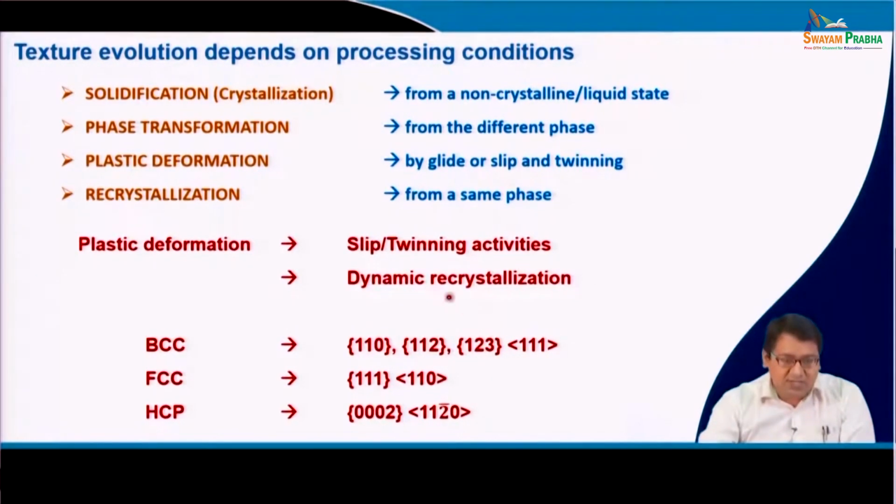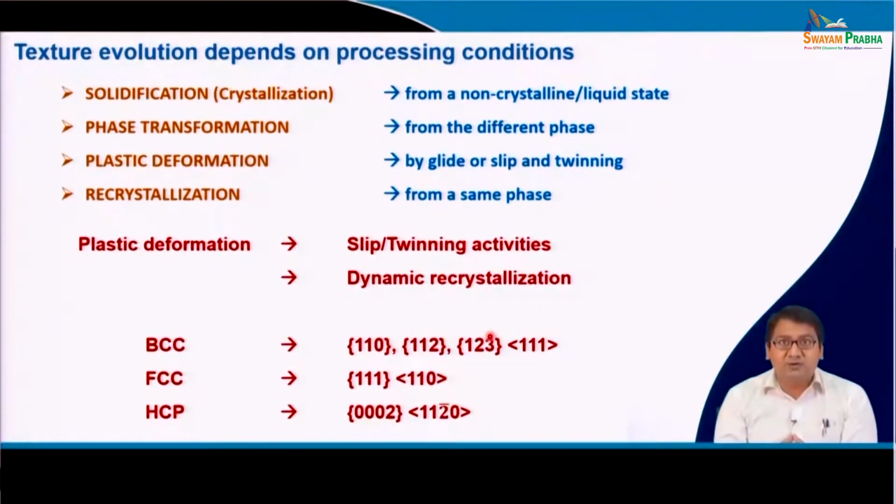Now, in case of body centered cubic material, that is the BCC material, the deformation takes place by pencil glide. That means the deformation occurs in the 110 planes, 112 planes, 123 planes in the 111 direction, and this is known as pencil glide. And depending upon the temperature and the strain rates, sometimes 112 and 123 planes are active and sometimes they are active less.